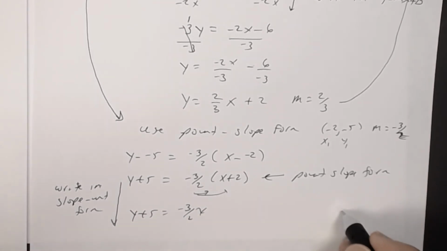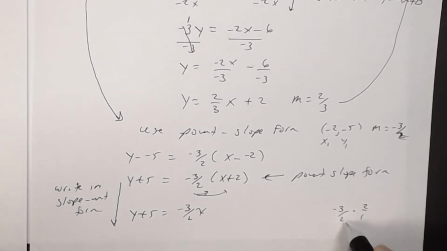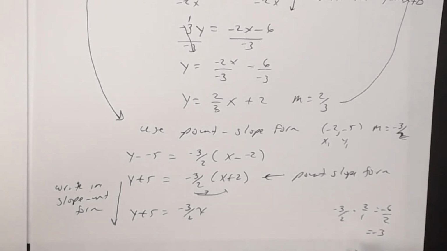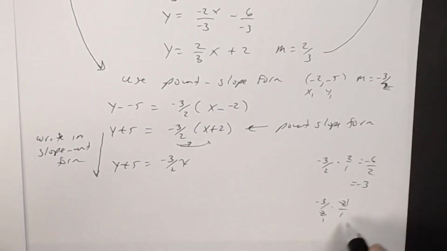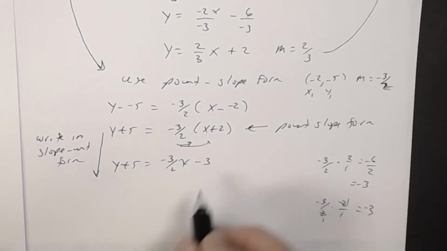I'm hoping you see this. A negative 3/2 times a positive 2. So remember, that's negative 6 divided by 2, which is negative 3, right? Or you could have said this, negative 3/2 times a positive 2. The 2's divide out, and so you get negative 3 times 1 is a negative 3. All right, so that's minus 3.